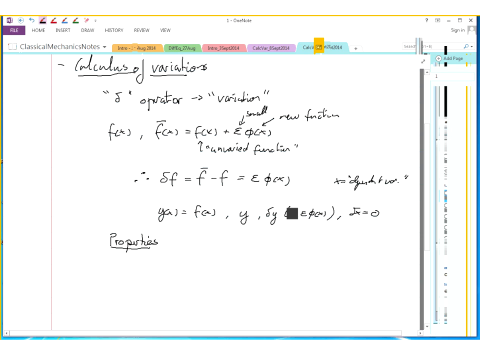So when we vary a function, we don't vary the independent variables. I don't know why I keep mixing those up. And so that means that delta x is always 0. So we looked at some properties of this delta operator.